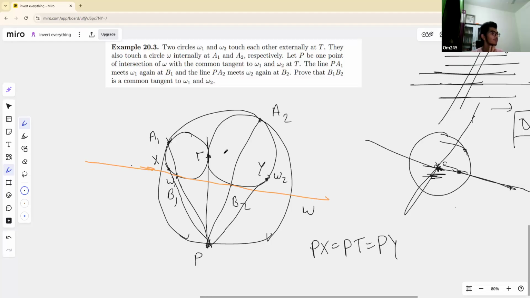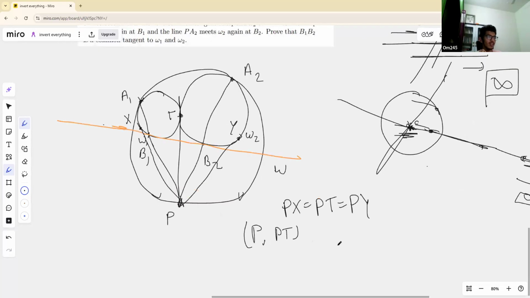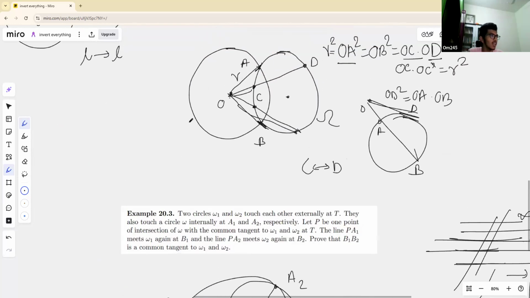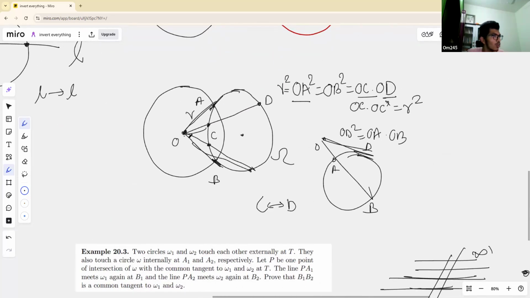That tells us this circle with center at P and radius PT is very interesting. It basically tells us this will preserve omega 1 and omega 2, as I told you, because this condition is the same. If you have a center and you draw two tangents and they intersect the circle at that point, it should preserve this gamma.